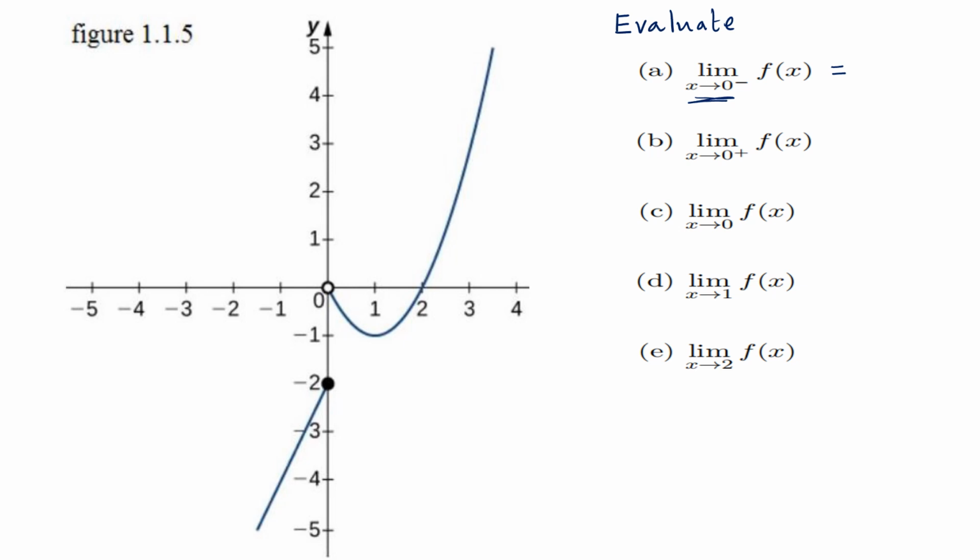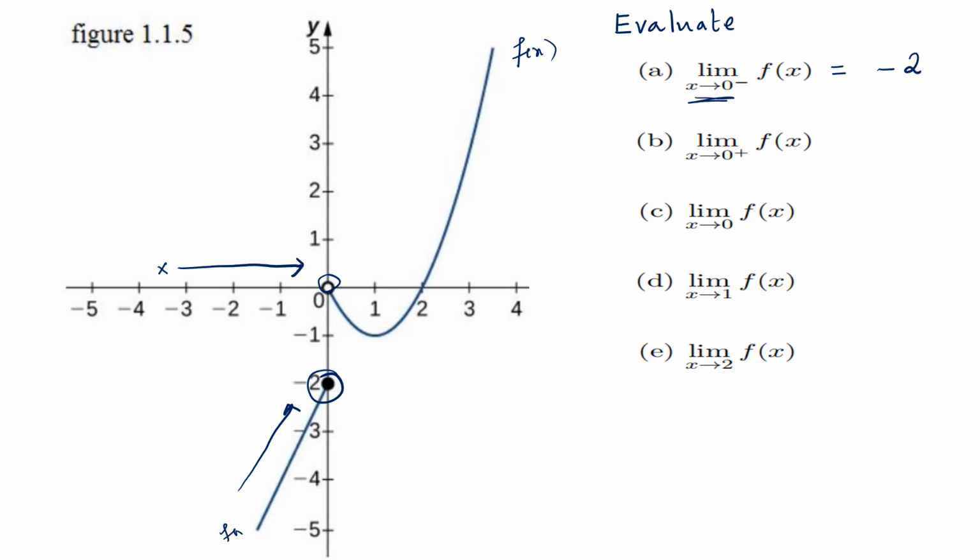So 0 is here, x may be here, x tends to 0 from the left side, meaning the corresponding value. This is a function f(x), and here also the same f(x). So x tends to 0 means f(x) is going to this point. What is this point here? It is -2.